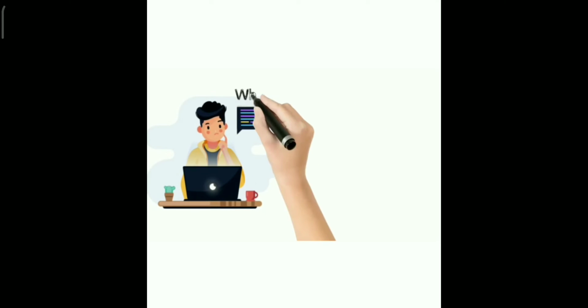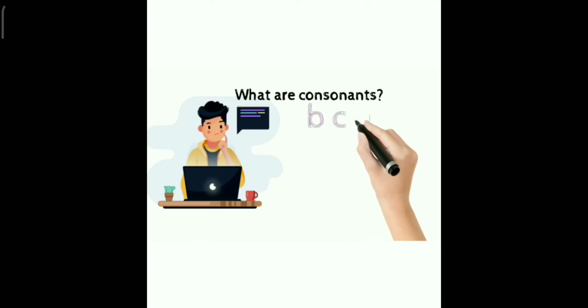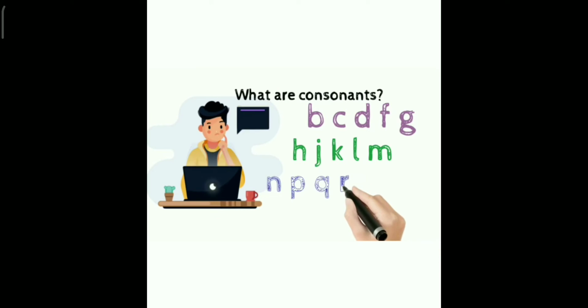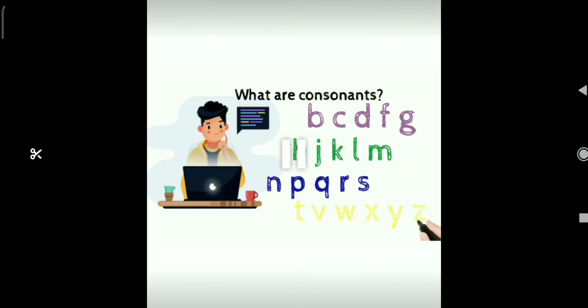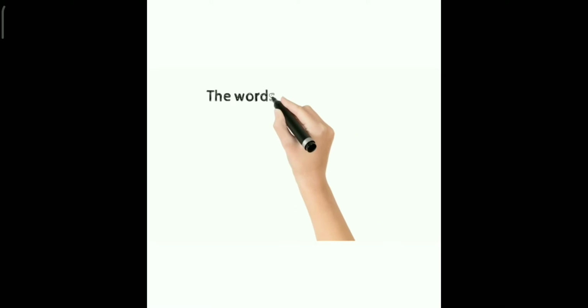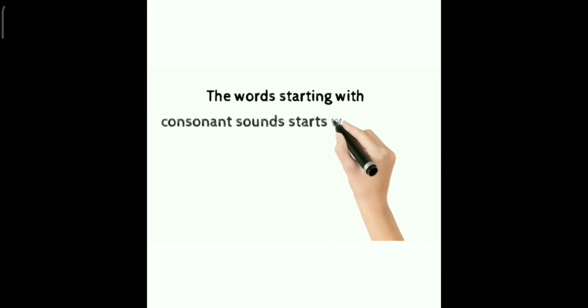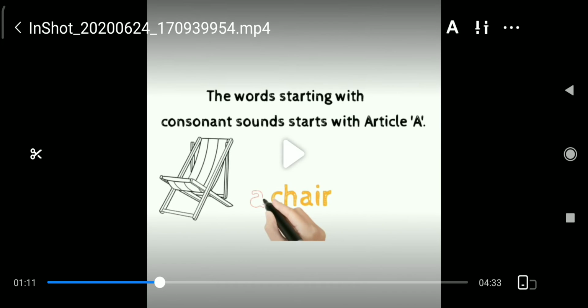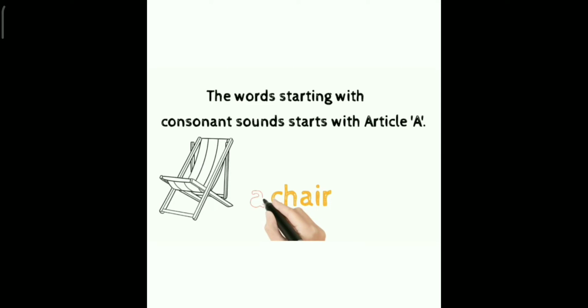What are consonants? Consonants are those letters which are not included in our vowels. B, C, D, F, G, H, J, K, L, M, N, P, Q, R, S, T, V, W, X, Y, Z. The words starting with consonant sounds take the article A. For example, take this chair.